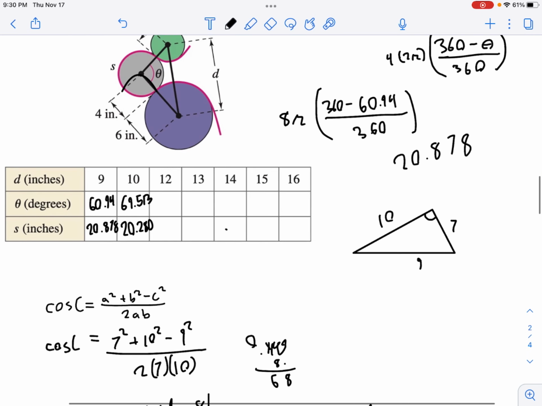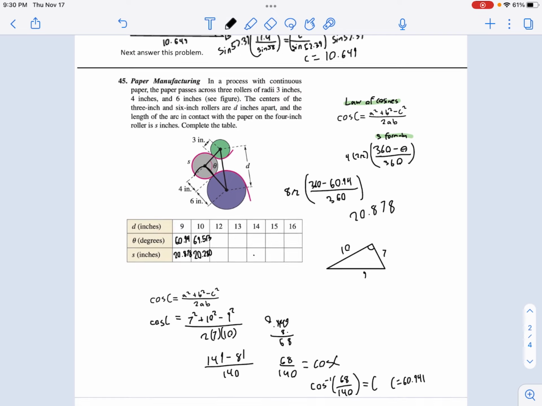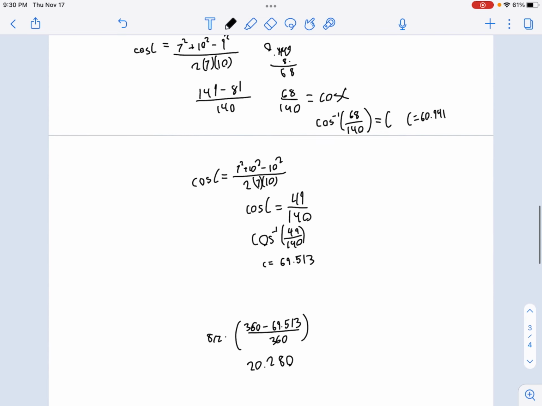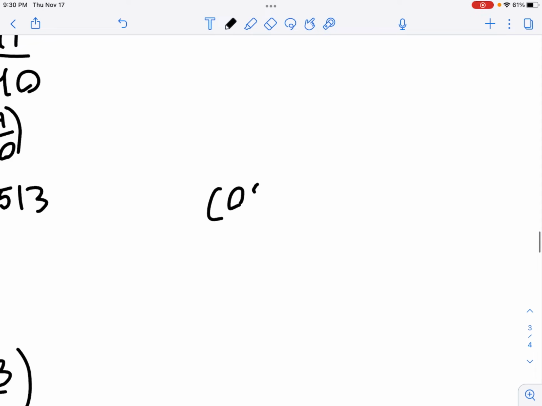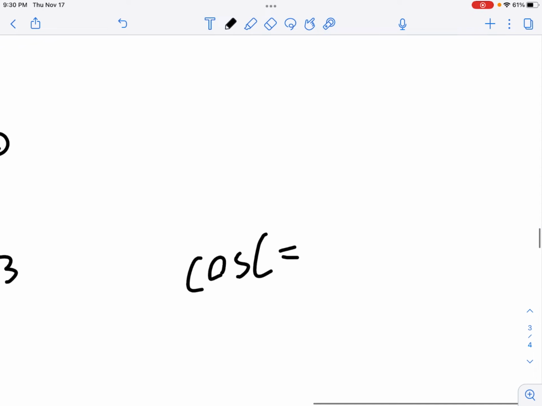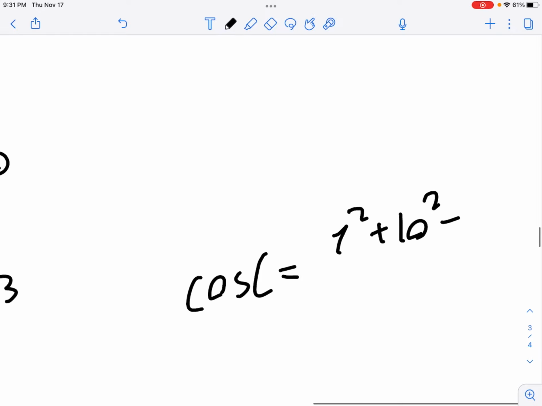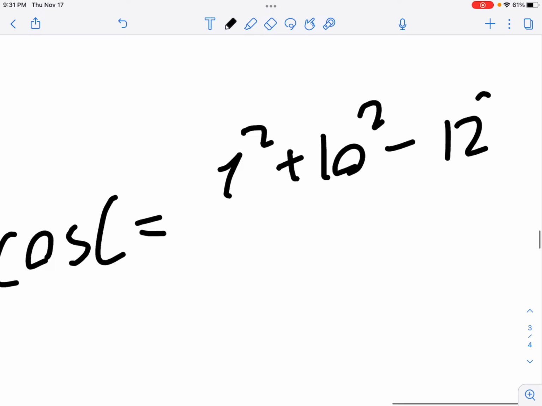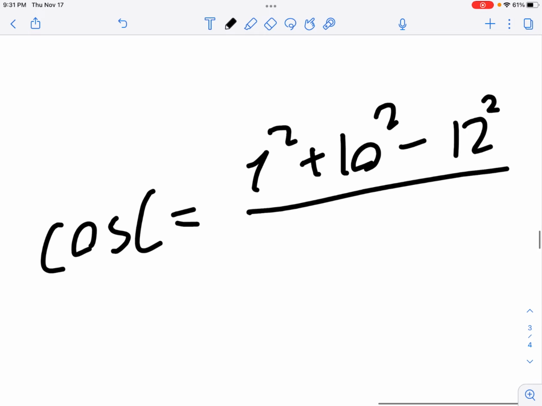Yeah. So now we should do that for all the other ones. Keep on going. I'll do one more because why not? So cos C equals 7 squared plus 10 squared minus our new one, which is going to be 12, we see up there. And what is it going to be?